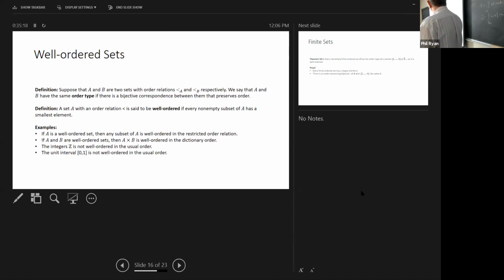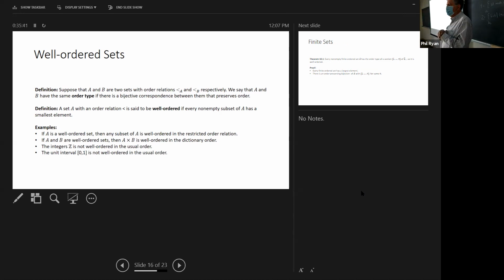The integers, Z, is not well ordered in the usual order. Because, for example, take the subset of negative integers, there's no smallest element. The closed unit interval 0, 1 is not well ordered in the usual order. Just take the open interval 0, 1.